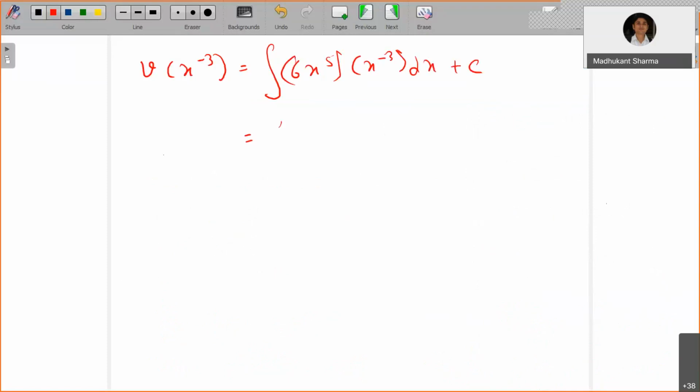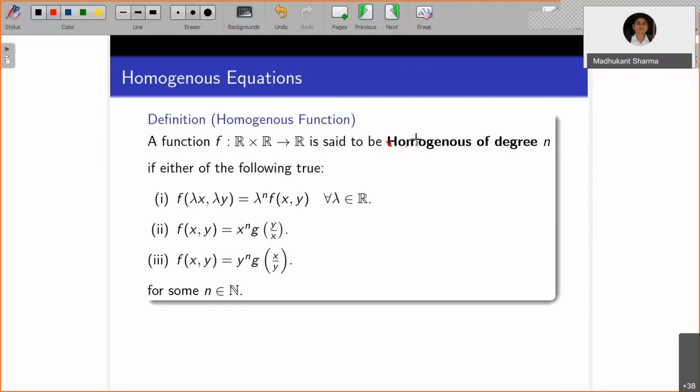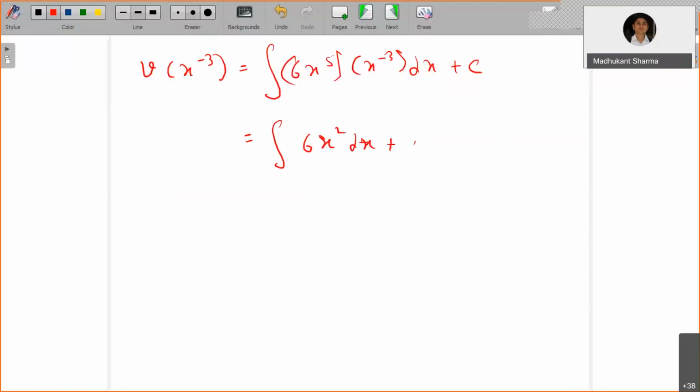That equals the integration of 6 times x square dx plus c, which is 2 times x cube plus c. Now this implies v equals 2 times x to the power 6 plus c times x cube.